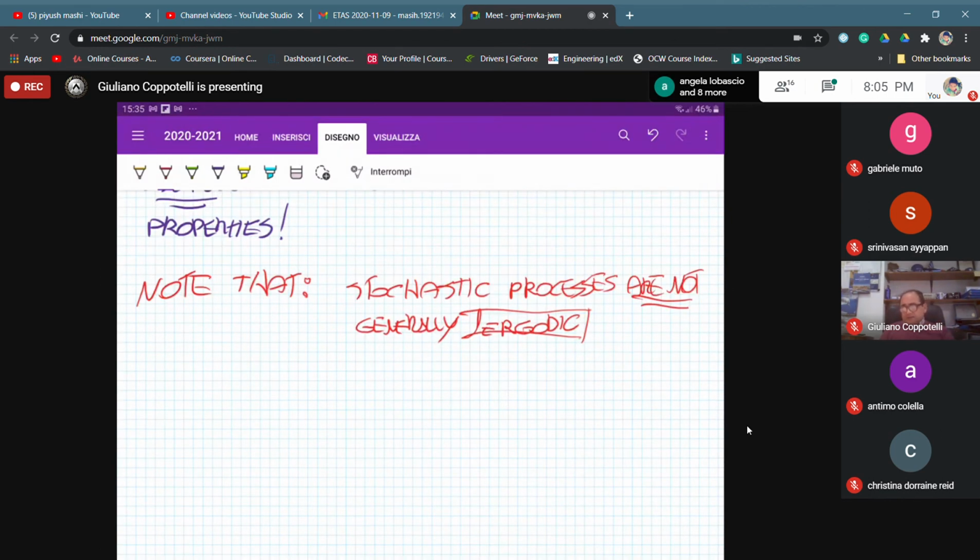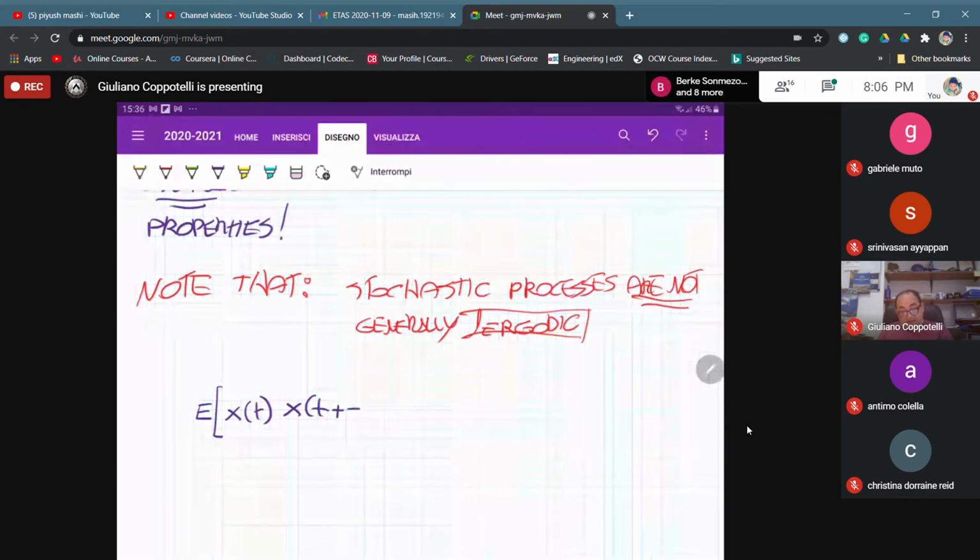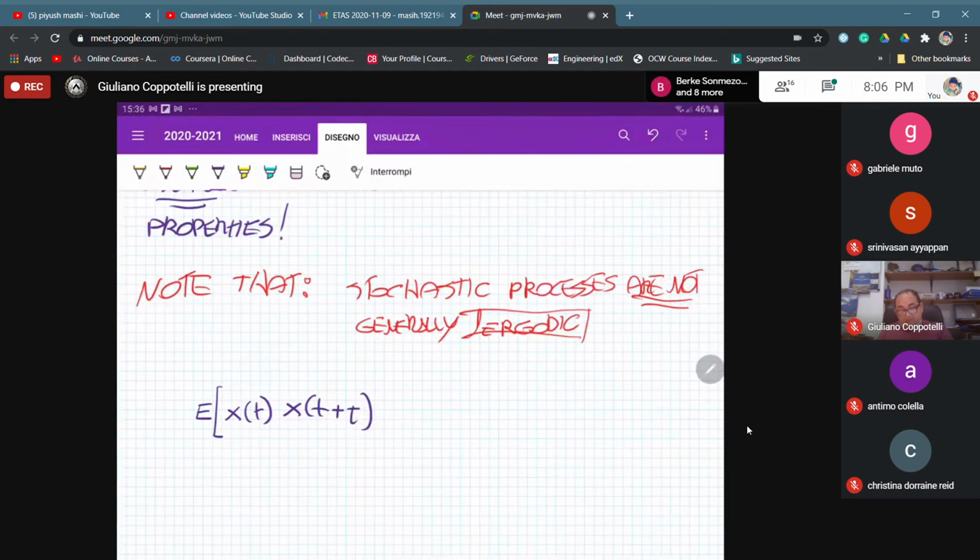In order to do that, let's consider this expectation value E, remember, the average of the ensemble. But now we consider your random variable and the same random variable, but this time shifted by a quantity tau.